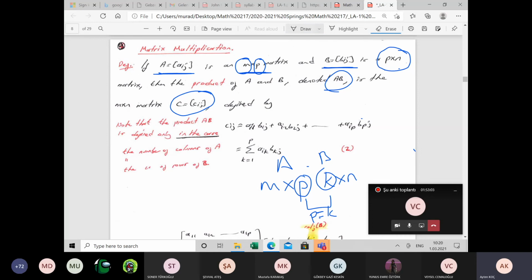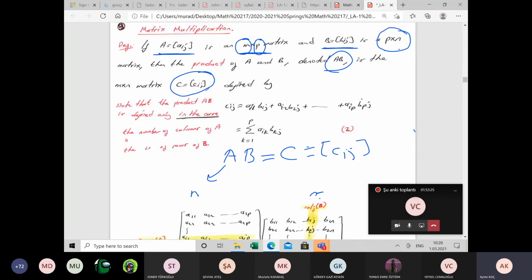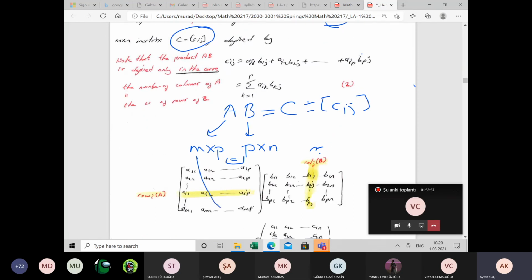Take matrix A and matrix B. Our aim is to get the new matrix, the multiplication of A and B, which is C. If A is M by P and B is P by N, so that the product is defined, then C should be an M by N matrix.